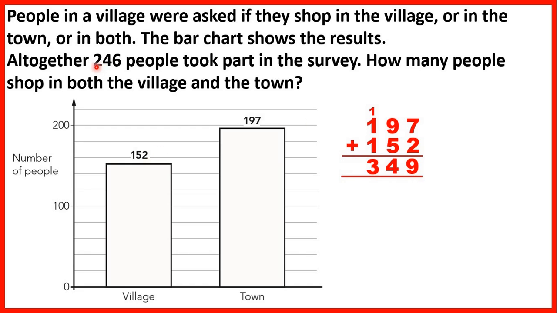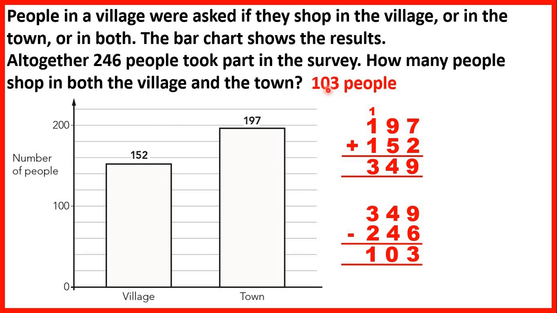But there were only 246 people taking part in the survey. So if we find the difference between 349 and 246, that will give us the number of people who shop in both. So that's 103 people.